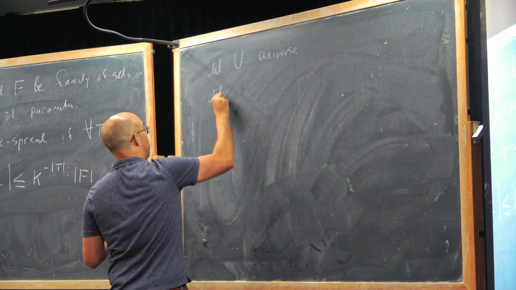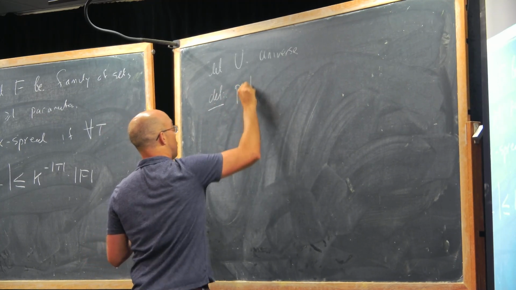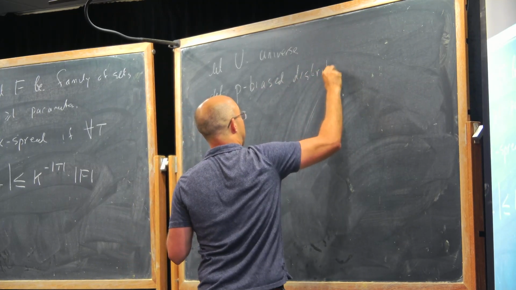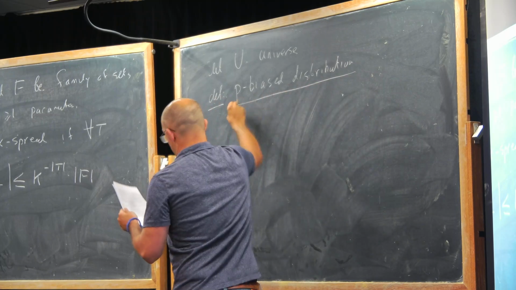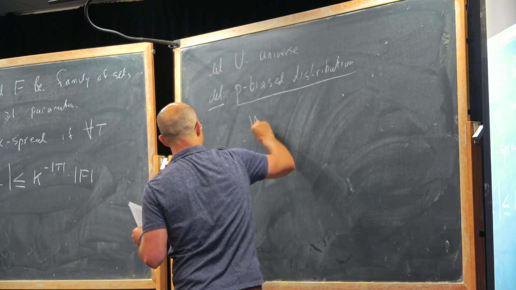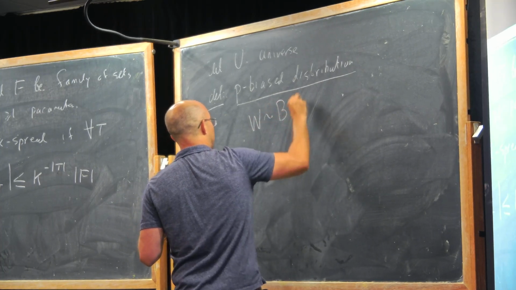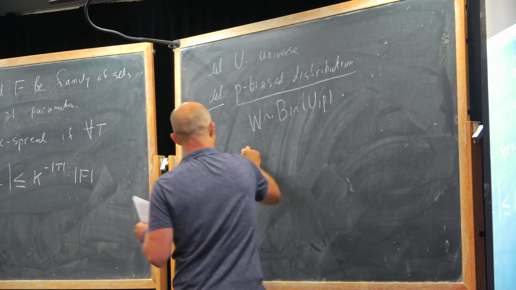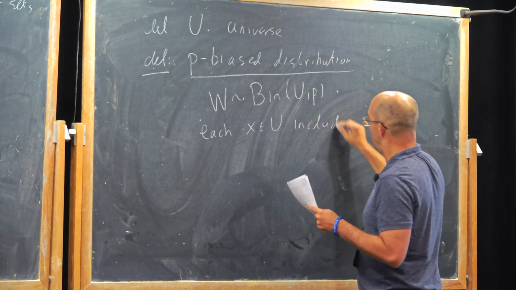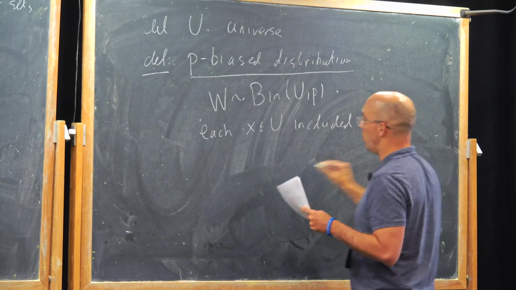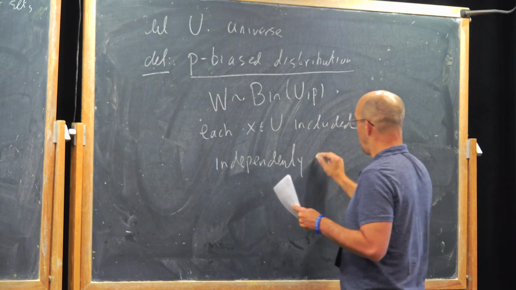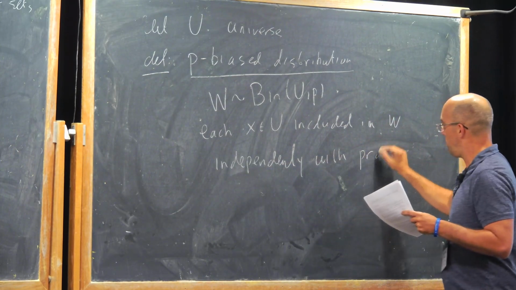The p-bias distribution, which I'm going to denote by bin(U, p): if I sample W from this distribution, all I mean is that each element x in U is included in W independently with probability p.